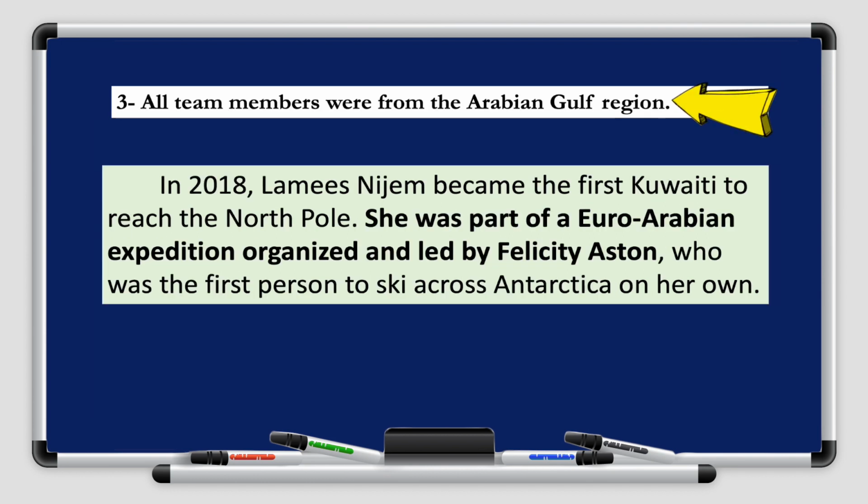Question number three. All team members were from the Arabian Gulf. As said in the paragraph itself, in 2018, Lamis Najim became the first Kuwaiti to reach the North Pole. She was part of a Euro-Arabian expedition organized and led by Felicity Aston. So this statement is false because Felicity Aston is not from the Arabian region.